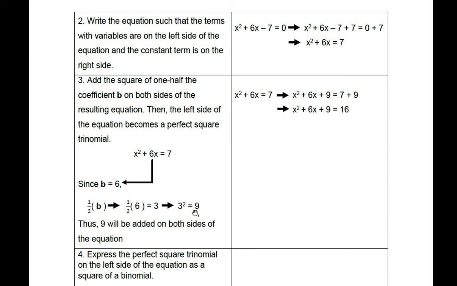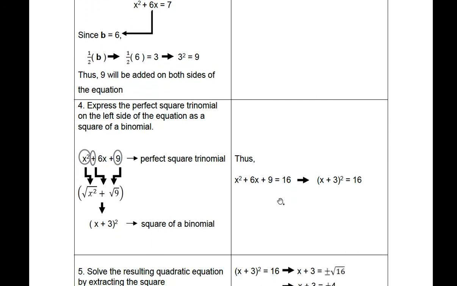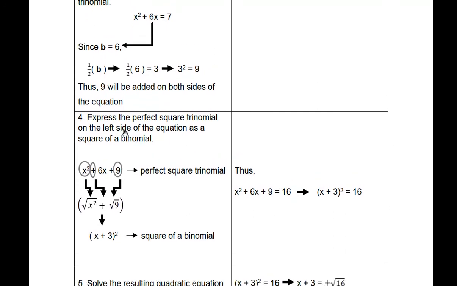So 3 squared natin is 3 times 3, magiging 9. So in here 9, we're going to add 9 on both sides of the equation. That's why we have here plus 9 and plus 9. So this is our equation. So ano pang gagawin? So next is to express the perfect square trinomial on the left side of the equation as the square of binomial.